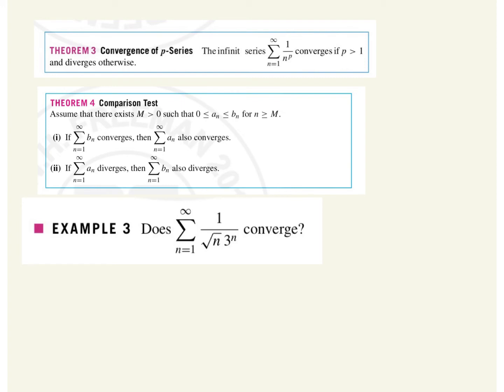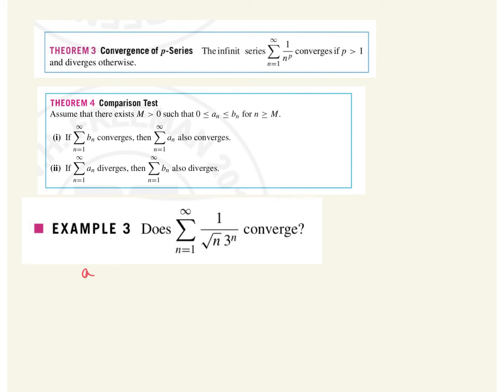Okay, so example 3: does the summation from 1 to infinity of 1 over root n times 3 to the n converge? For n values greater than or equal to 1, we can make this inequality up.